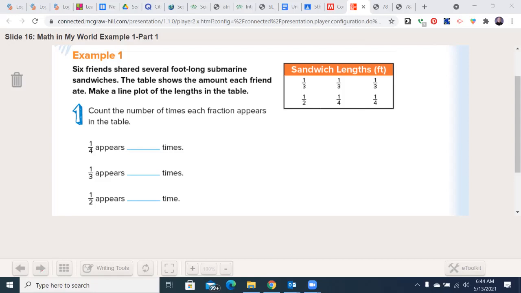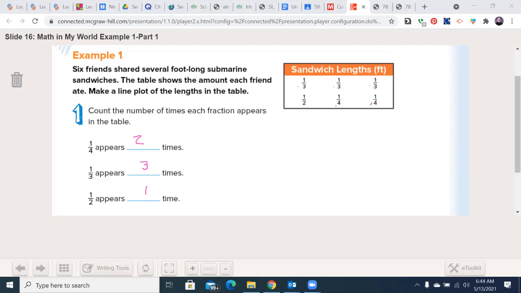So example basic: 6 friends shared several foot-long submarine sandwiches. The table shows the amount each friend ate. Make a line plot of the lengths in the table. So first, the quarter appears how many times? 1 and 2. 1/3 appears how many times? 1, 2, and 3. And half, only one had the 1/6 inch.